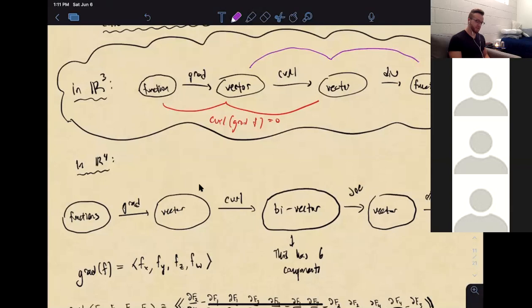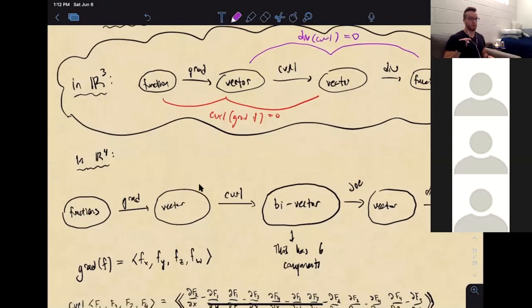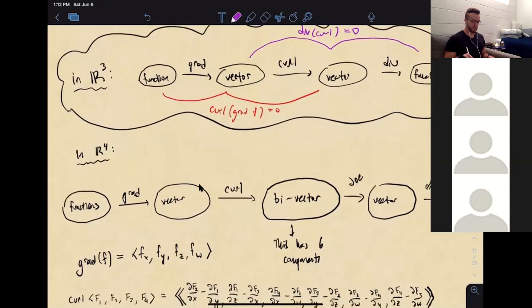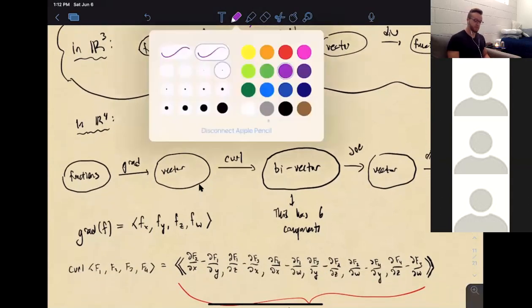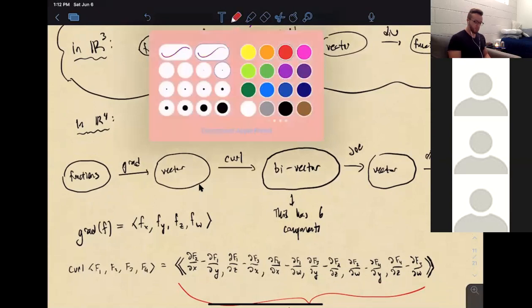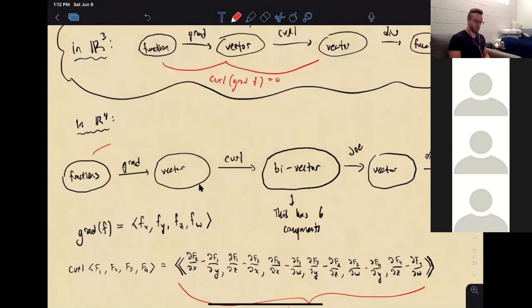So this says that the divergence of the curl is 0. So it's not that the curl of the Joe would be 0. What we would want to say is that this is 0. So the curl of the gradient is still 0.